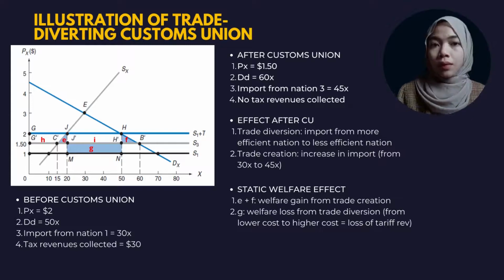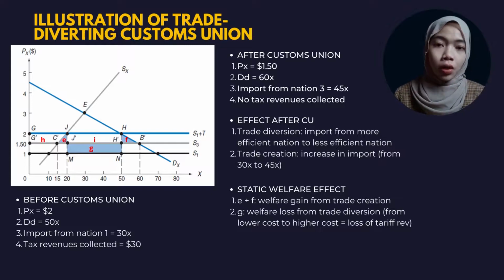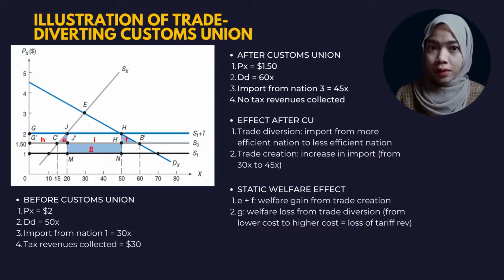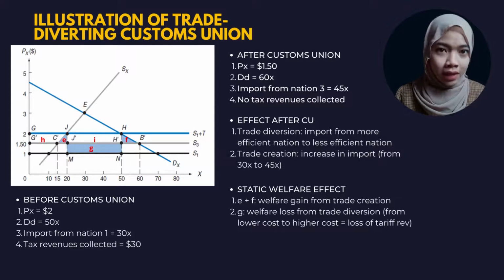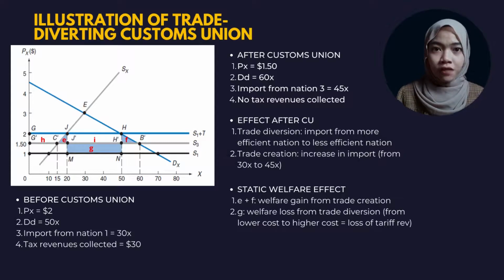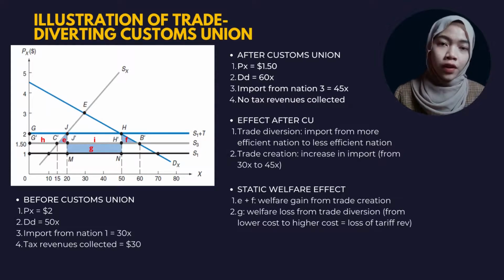Before joining the customs union, with a non-discriminatory 100% tariff on imports of commodity X, nation 2 imports commodity X from nation 1 at $2, along with S1 plus T as in the diagram. As seen earlier, at Px equal to $2, nation 2 consumes 50X with 20X produced domestically and imports 30X from nation 1. Nation 2 also collects $30 in tariff revenue.